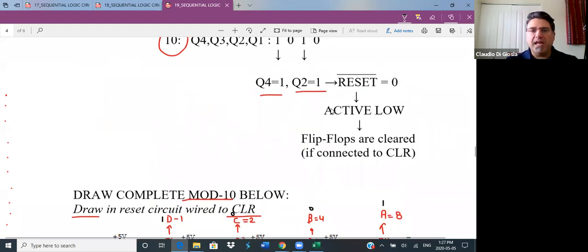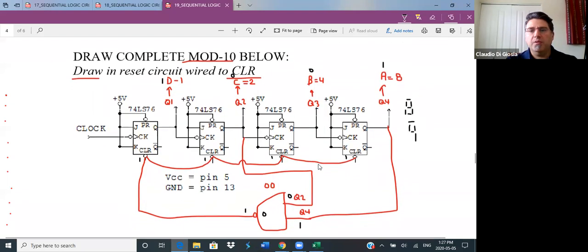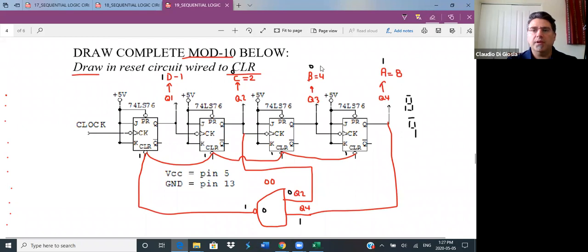The next count after 9 is 10, which is 1010. So the numbers will change. These two will change. It just incremented by 1. So this is now a 1. This is now 0.